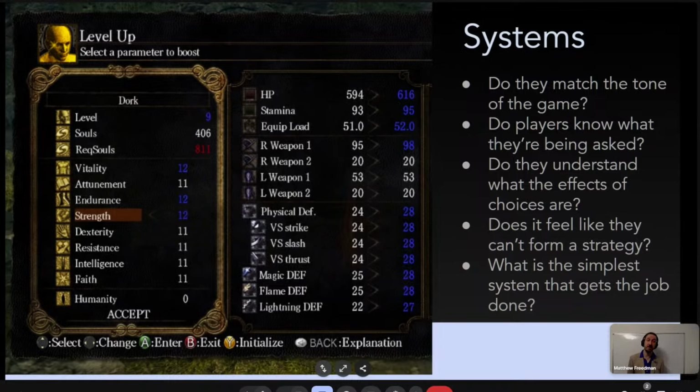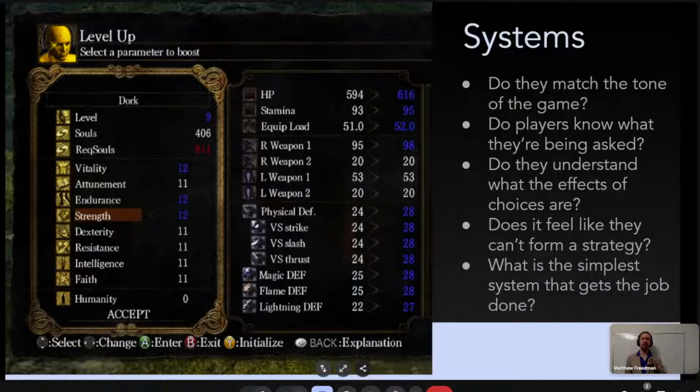So if I'm doing an RPG leveling system, again, does it match the tone of the game? The leveling system of, let's say, a Diablo and the leveling system of a Final Fantasy should overall be different. They will have overlap and similarities functionally, but the tone and the style should be quite different.